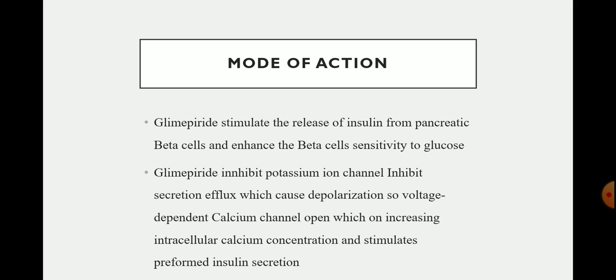So the voltage dependent calcium channel opens, increasing the intracellular calcium concentration and stimulating preformed insulin secretion. So this is the mode of action of glimepiride.